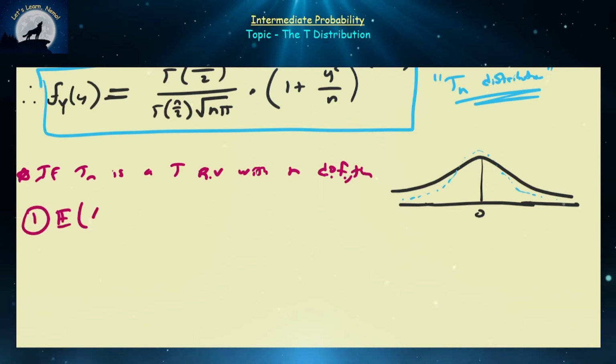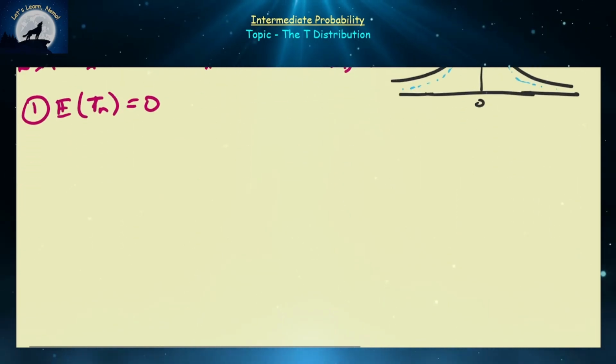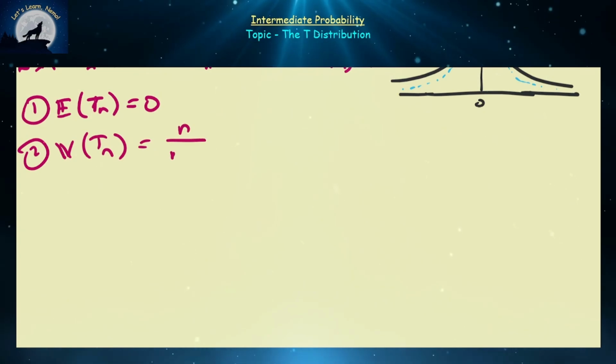The expected value of a Tn random variable being 0 should not be super hard to prove because when you have this even function times x, that's going to give you an odd function on a symmetric interval, that's going to give us 0. You could also try and find the second moment and then prove that the variance of a Tn random variable will be equal to n divided by n minus 2.